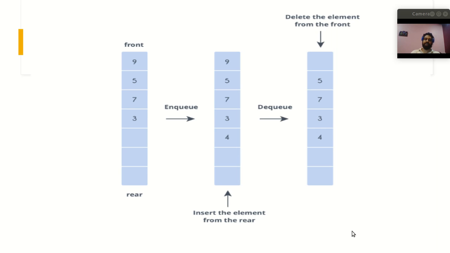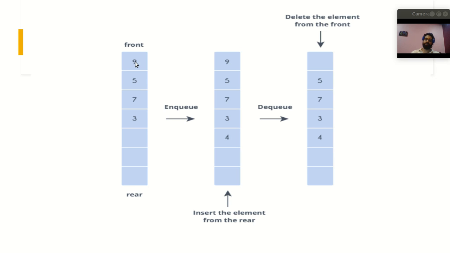Here in the diagram, let's say the queue is an array, and you can see it has two ends. The first end is known as the front end, and the last end is known as the rear end. When we insert data, we insert it from the rear end, and inserting data is known as enqueue.